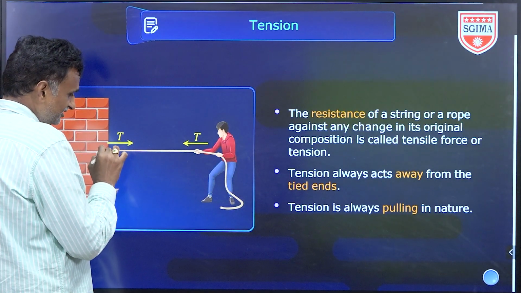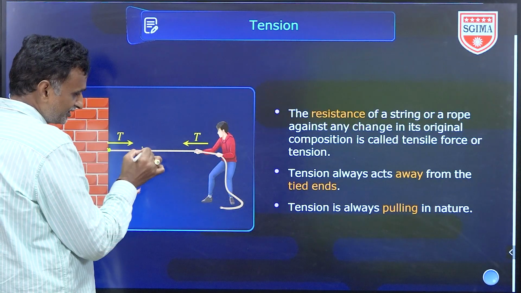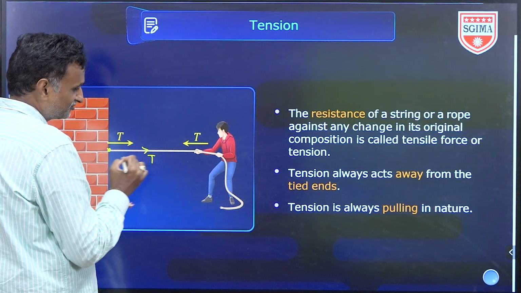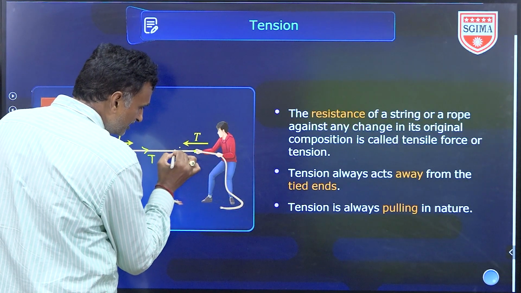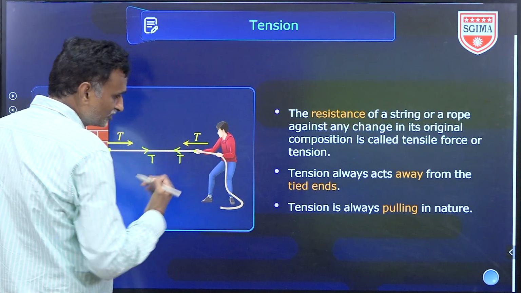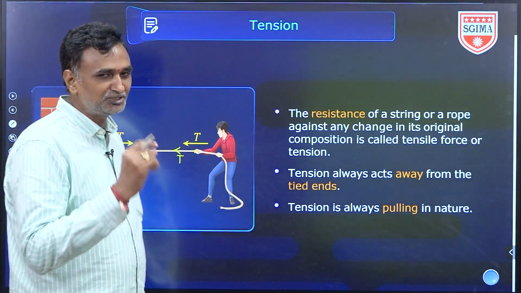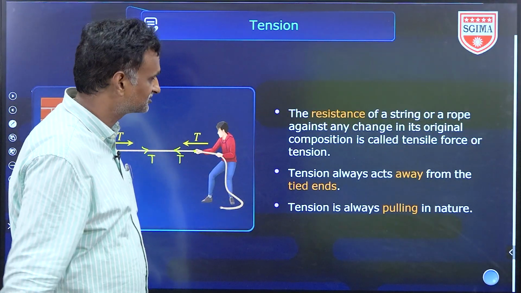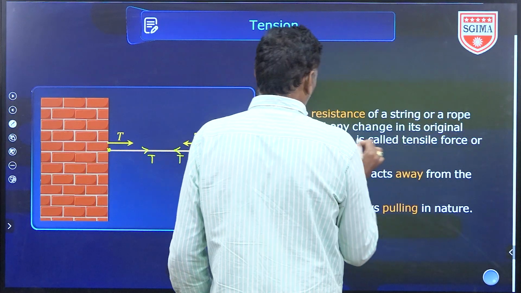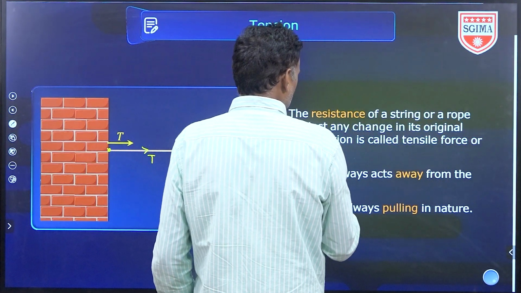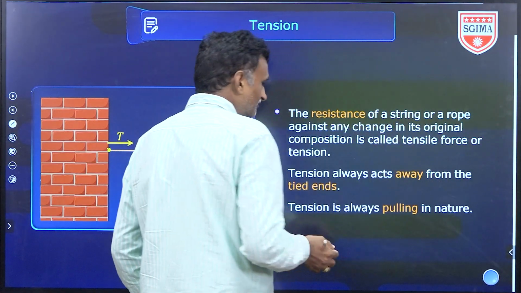Now with respect to this point of contact, the tension force acts away from it, always away from this point, by means of the action of the thread. The resistance of a string or a rope against any change in its original composition is called tensile force or tension.